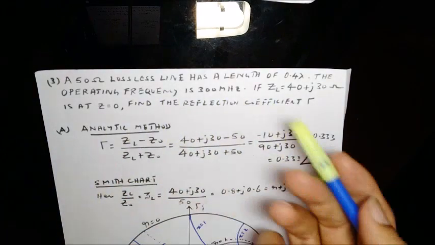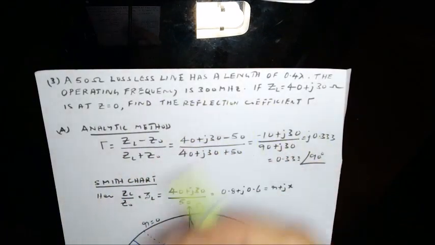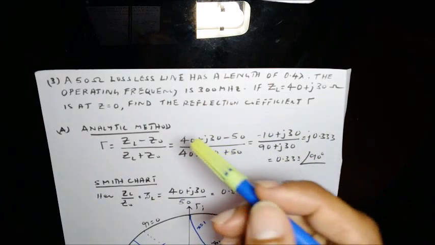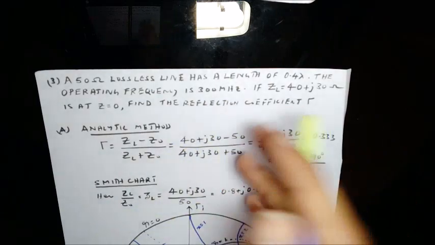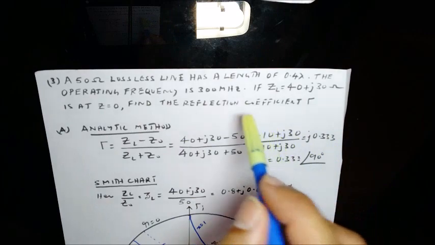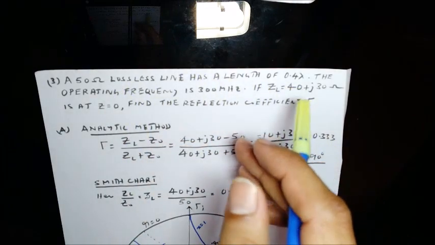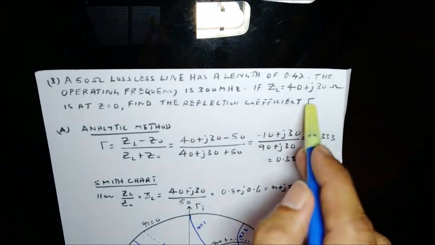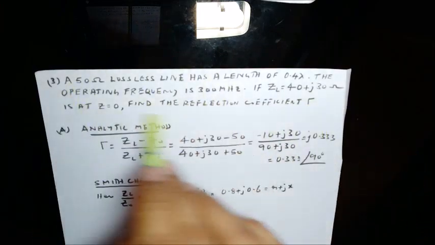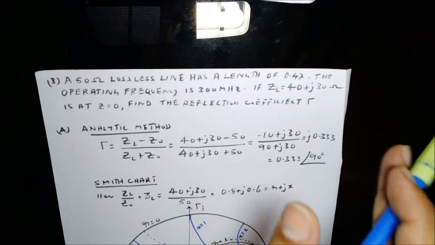There are other, and in the process I will explain the use of Smith chart. In fact, the Smith chart can be used for so many other calculations. And these additional data here is for that part of the question which I have not included here. So the question here is purely to find out what is the reflection coefficient.